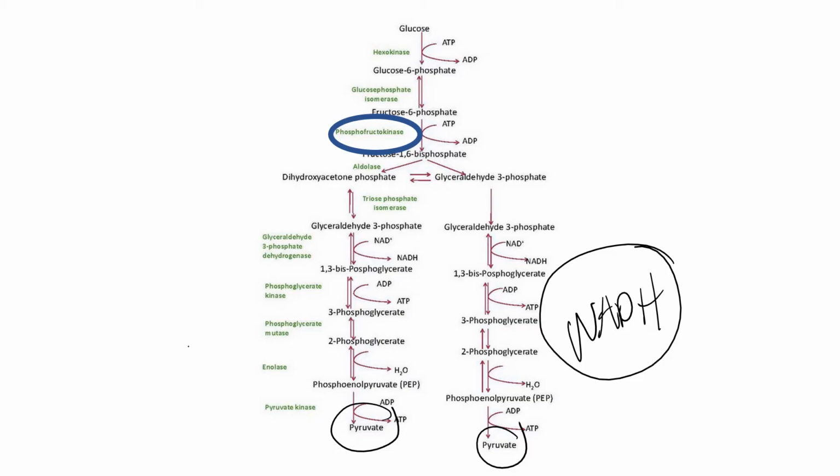As long as the NADH that's being created by glycolysis can enter into the mitochondria and be consumed by the electron transport chain, that's where it's going to keep going.